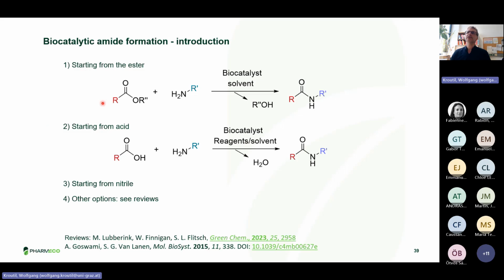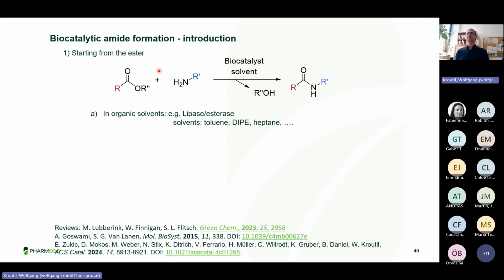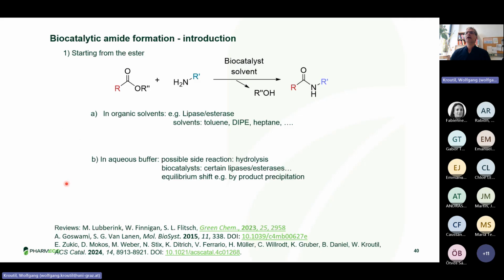When I look at starting from the ester, we again have two options, namely to be in an organic solvent. That is very well known, and I will show you an industrial process, but there are many using lipases, esterases, so this is probably the most used enzymatic reaction.